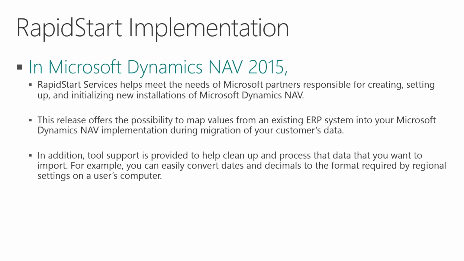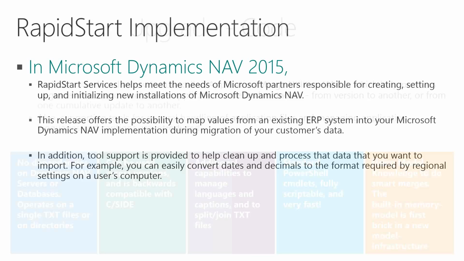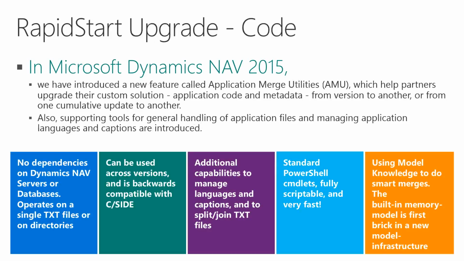The next area is around upgrading the code from one version to another, and it's called Application Merge Utilities. It helps partners or customers that have developers who do their own upgrades to move from one version to another. It allows you to take all the objects in the Dynamics NAV development environment in the current application, in the current version, and export them out into a text format.